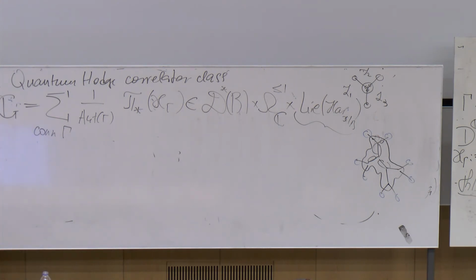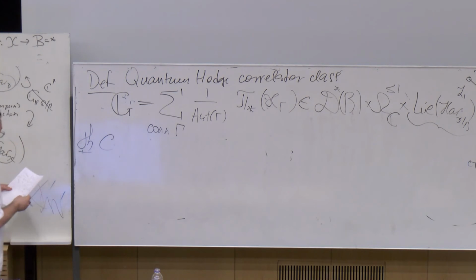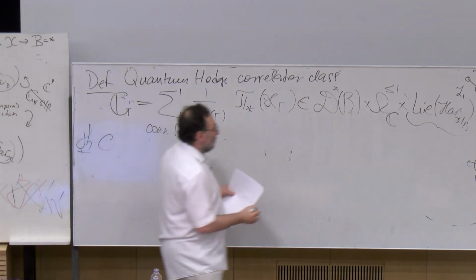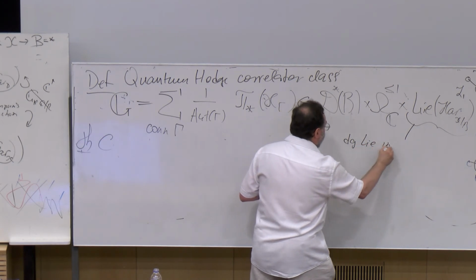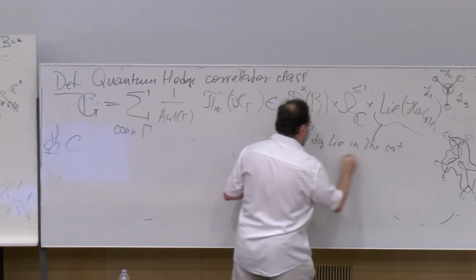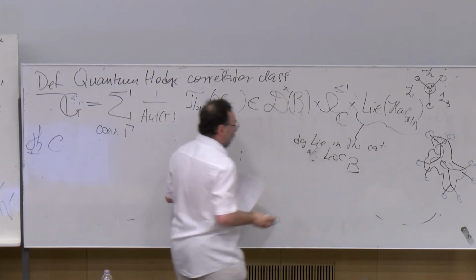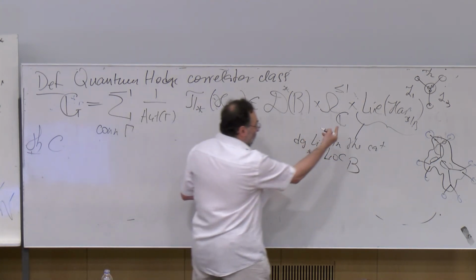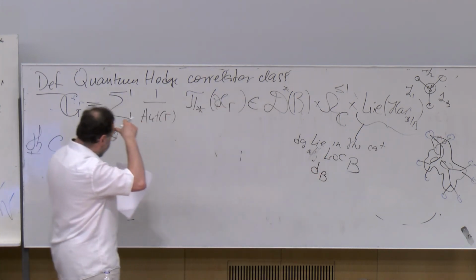I'm almost done. So now I can formulate a theorem, theorem C. To formulate it, let me remark the following, that this is a dg Lie algebra in the category of local systems on B. But in particular, it's a local system, so it has the corresponding local system connection, which I call dB.